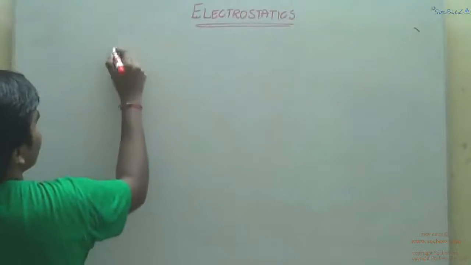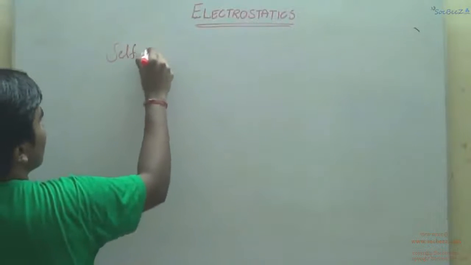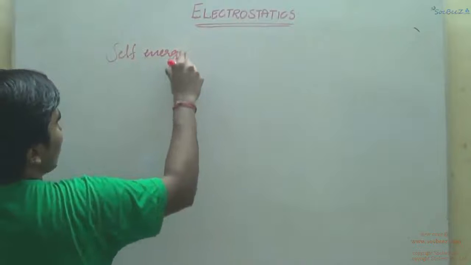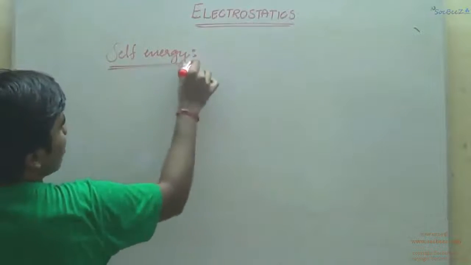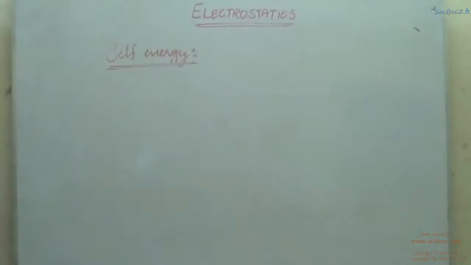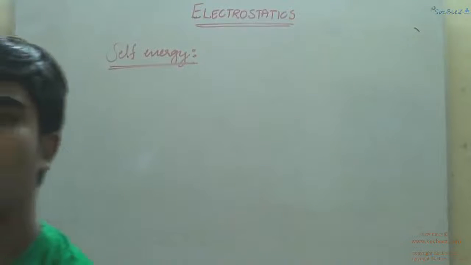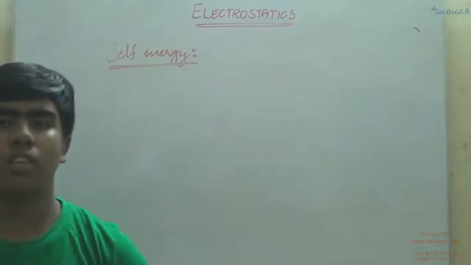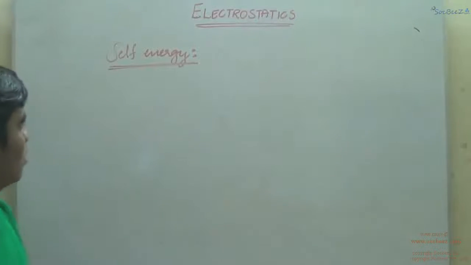Now finally, the last concept which I would like to tell you all in this topic of electrostatics is self-energy. See, if you try to write the potential energy of the system, it is basically the energy required to get all the particles into the configuration in which they are present right now.